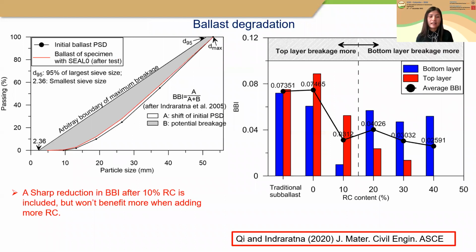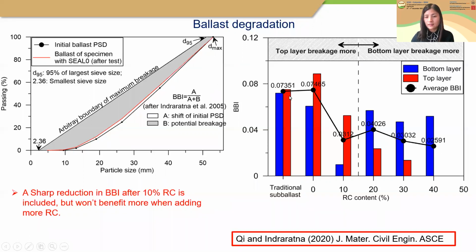And then to evaluate the ballast degradation, we adopt the ballast breakage index, which is after Indraratna et al. in 2005. And here is the test result. Here, because we separate the ballast layer into 2 layers, the top layer, which is directly under the sleeper, and the bottom layer, which is just above the seal layer, this dotted point shows the average ballast breakage index.